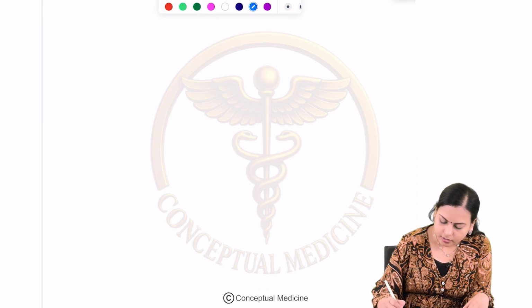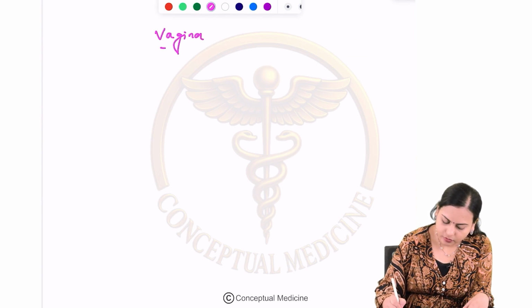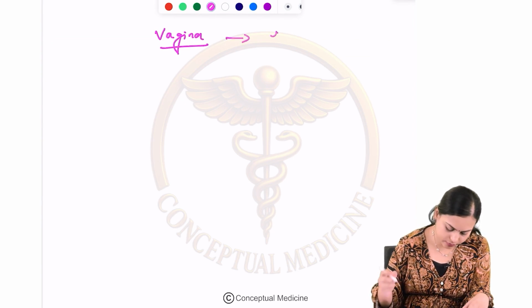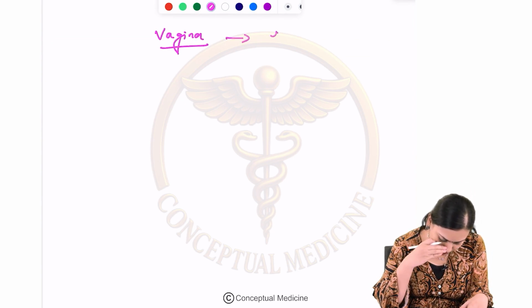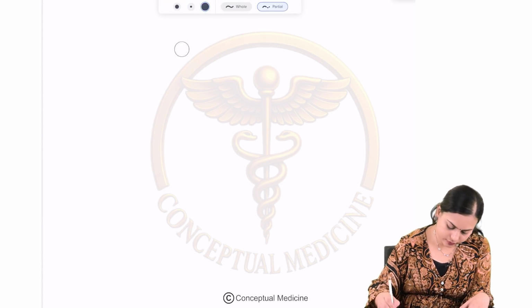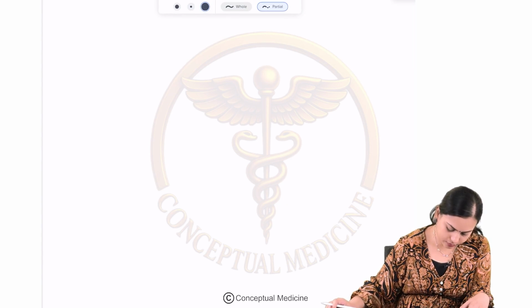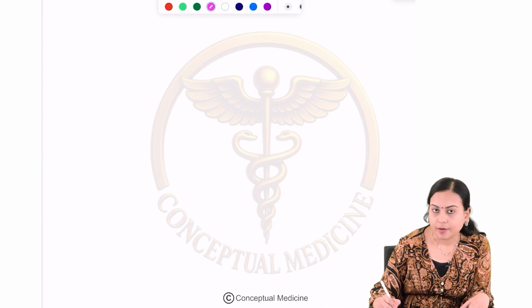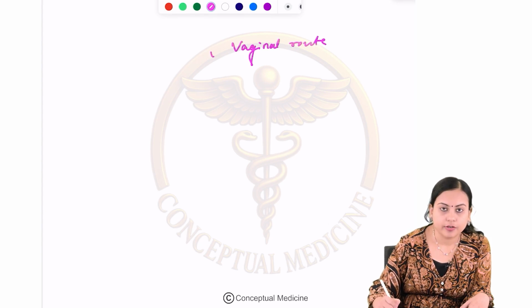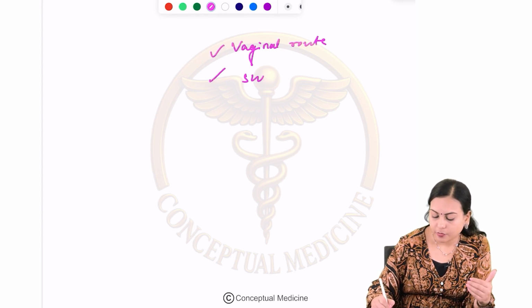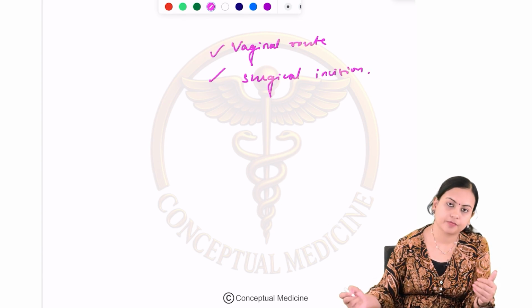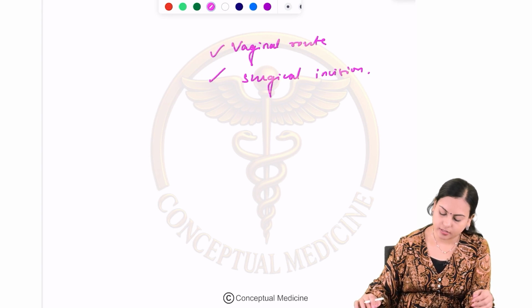Initially, the hemorrhage can happen only through the vaginal route, but later with full blown DIC, even if you put a surgical incision, that is also going to cause bleeding. Clear? Yes.